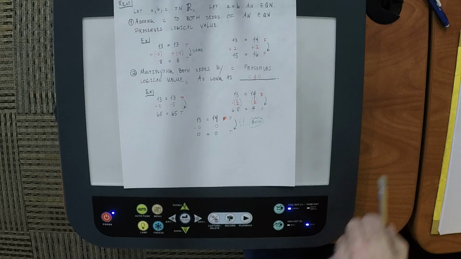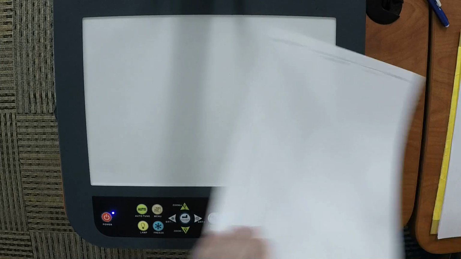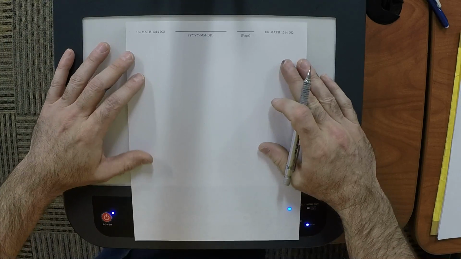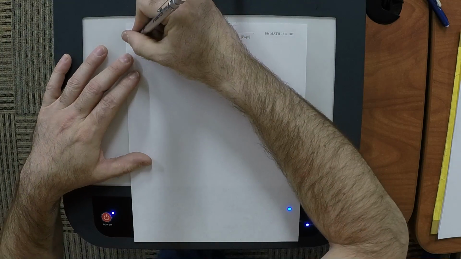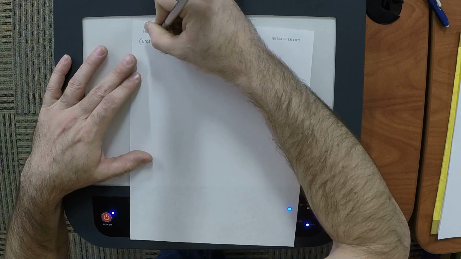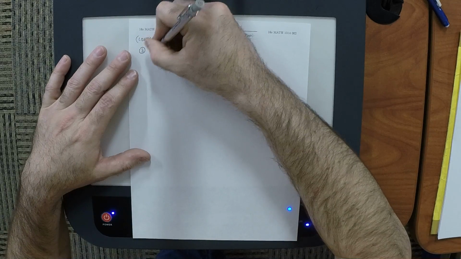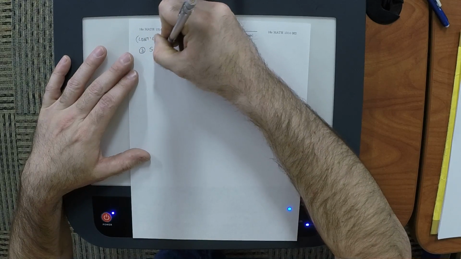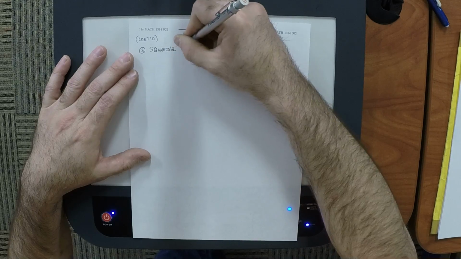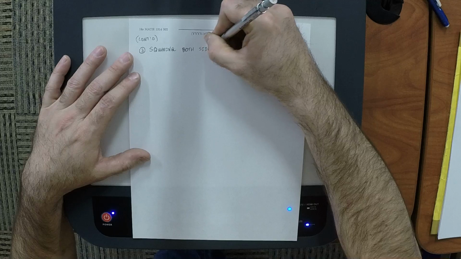Okay, so another thing that we want to be able to do safely. So this is a continuation of the previous page. So squaring both sides of an equation.